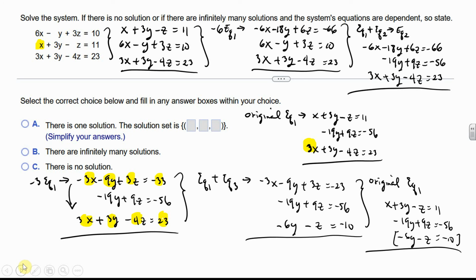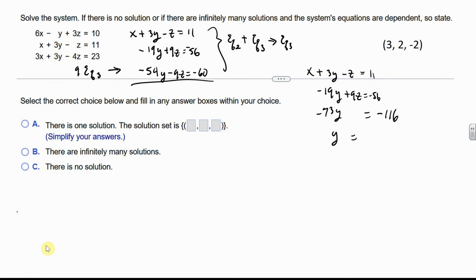That looks good so far. And then we multiplied that last equation by 9. Oh, I see what happened. I was thinking of 6. I think I put a 60 over there. It should have been 9 times negative 10 is negative 90. Yeah, right there.